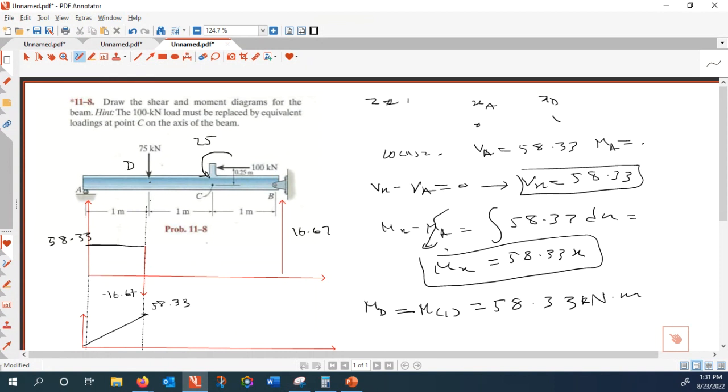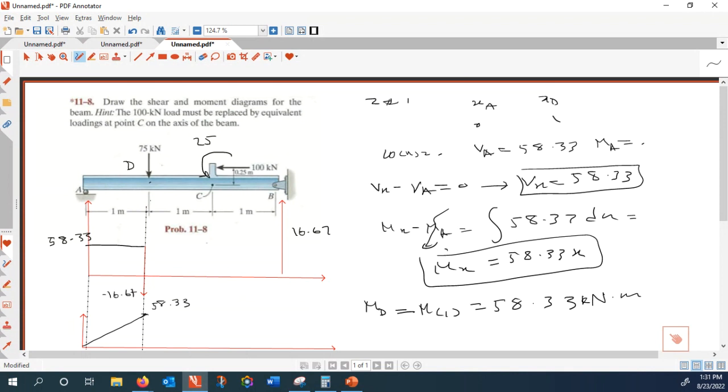Why did it change? Because 75 is acting down. So that is a discontinuity downward. Initially that is positive 58.33. If you take away 75, you end up with a negative residual.